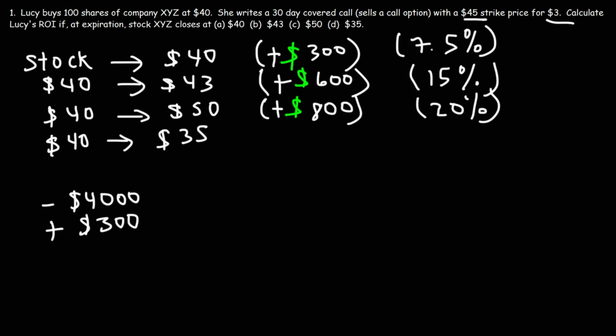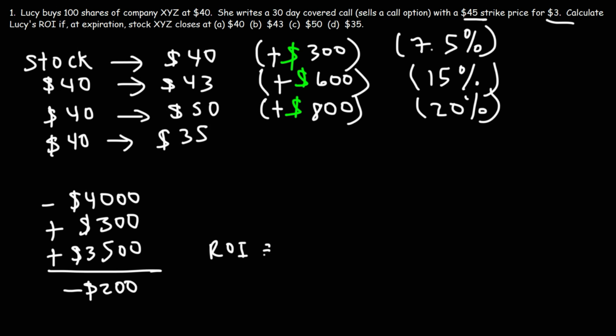And that 300 is useful because it can offset the loss that she's experiencing because the value of her shares is less. But for the sake of calculation, let's assume she sells her shares at $35. In that case, she would have received $3,500. So she receives a net of $3,800. She put in $4,000. So she's looking at a loss of $200.